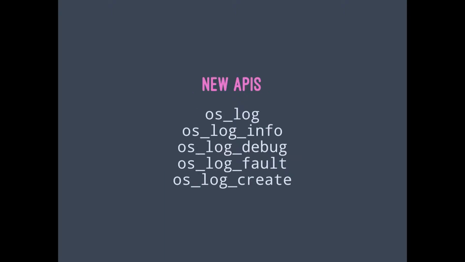The new APIs that replace the old ones have descriptive names: os_log, info, debug, fault, os_log_create. Some of these sound familiar because they correspond with some of those log levels that we discussed earlier. And again, these APIs are available when you target your app against the 10.12 SDK.